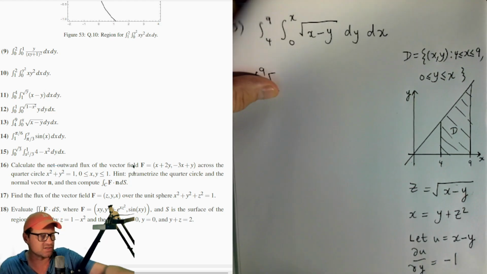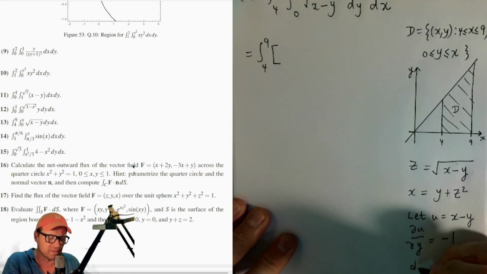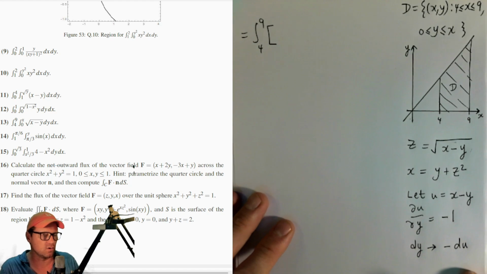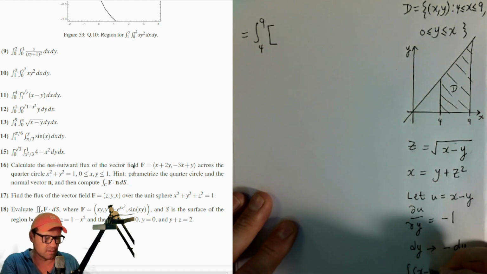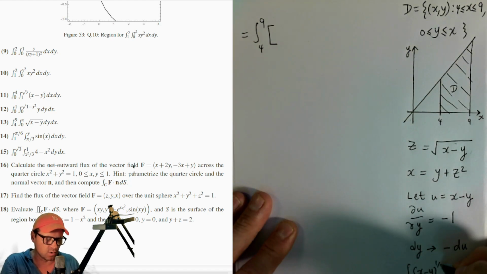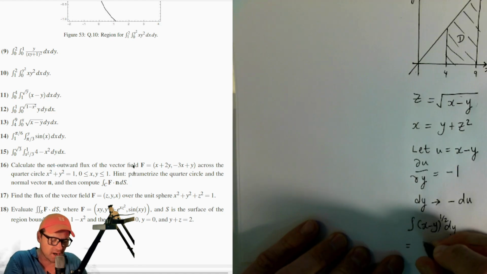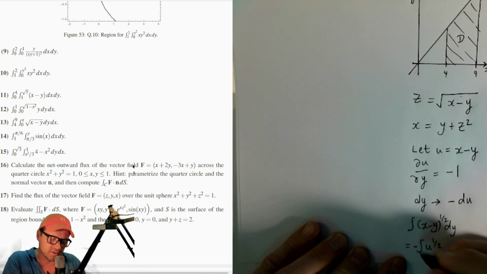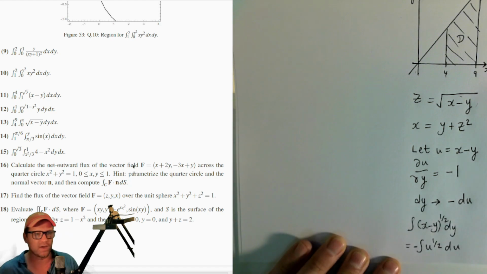So in a substitution here, we would replace dy with minus du. And so our integral of x minus y to the 1/2 dy, we can write this as u to the 1/2 times minus du, but we'll put the minus out the front. So this is what we have here.